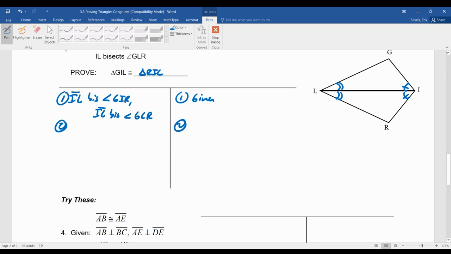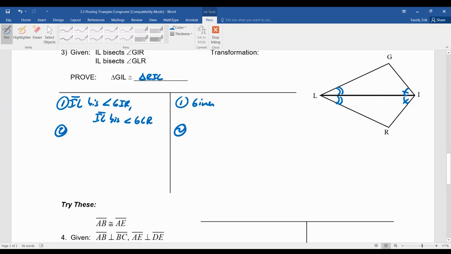Now, what does that bisection tell us? I got to catch up to my tick marks. We can't forget to put this down. So we can say that angle on the right there, angle GIL is congruent to angle RIL. And that's going to be because of bisection, which is, again, reason number 5 on our reason sheet. But these angles are going to be congruent for the same reason. So I'm okay with you saying that in the same step.